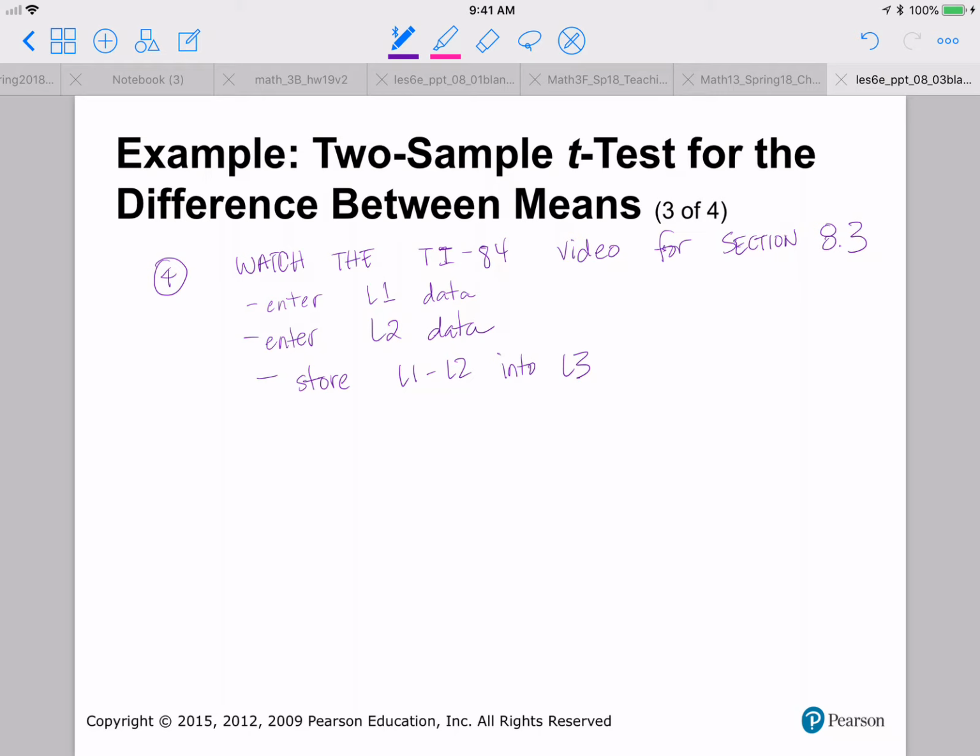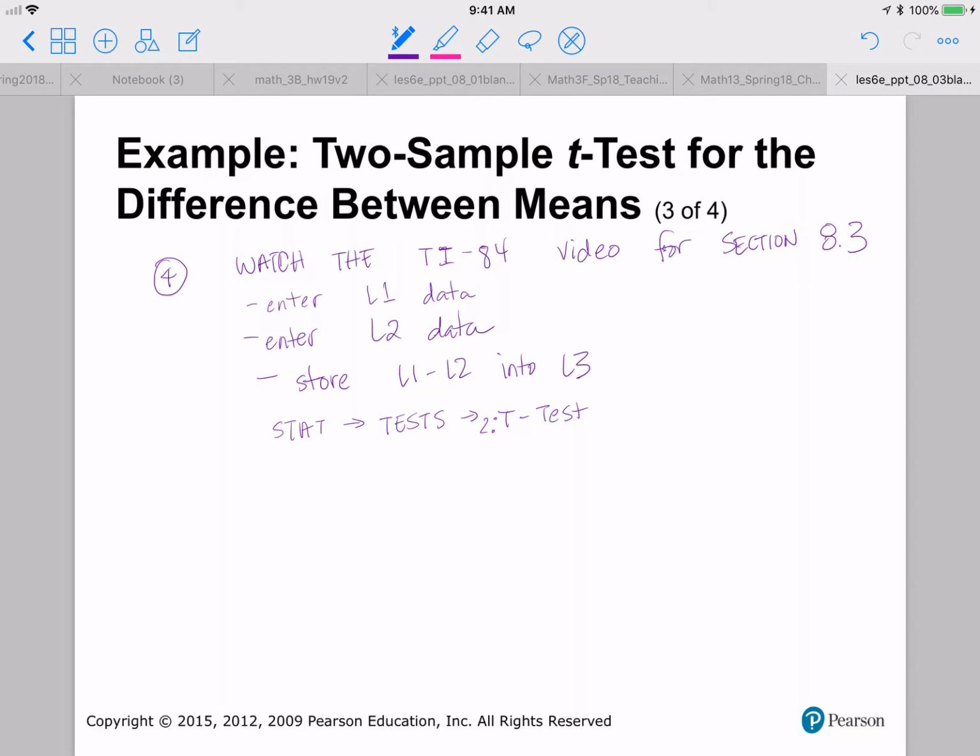So now I go to stat, then go to tests. For me, it's number 2, t-test.